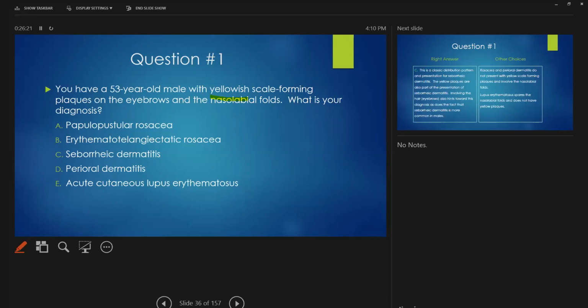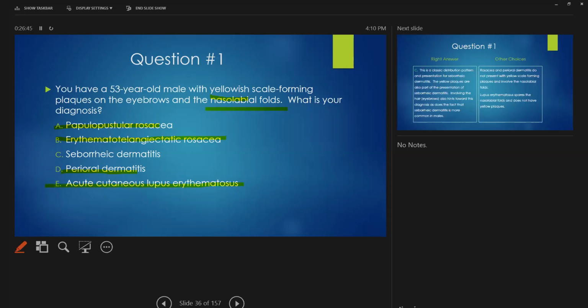It's also not going to fit with erythematotelangiectatic rosacea, so we can throw that one out. We're not even talking about the periorbital region, so that one's out, that one's out, that one's out. And then if we're talking about lupus, let's see, it's saying that it's encompassing the nasolabial fold, so that one's out.